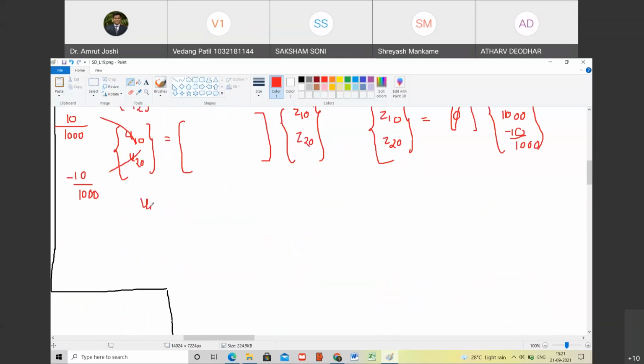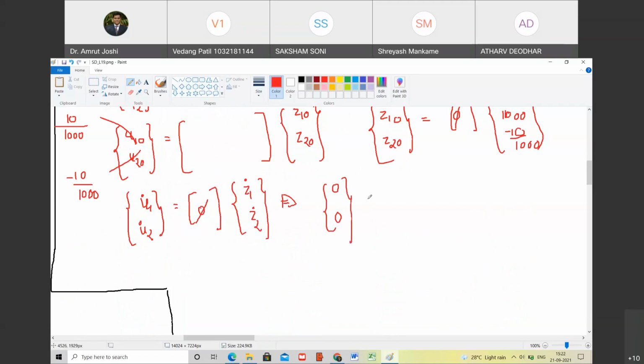Now if I take the differentiation of these two matrices, what do I get? I get u1 dot, u2 dot must be equal to phi times z1 dot, z2 dot. Happy? Yes, sir. But what is u1 dot and u2 dot? Both are 0. Happy? Yes, sir. Means here I am substituting u1 dot of 0 and u2 dot of 0.